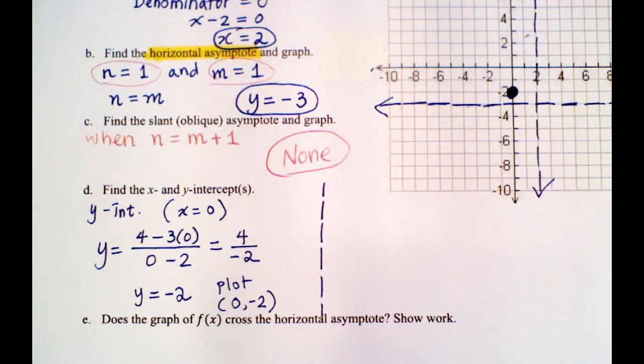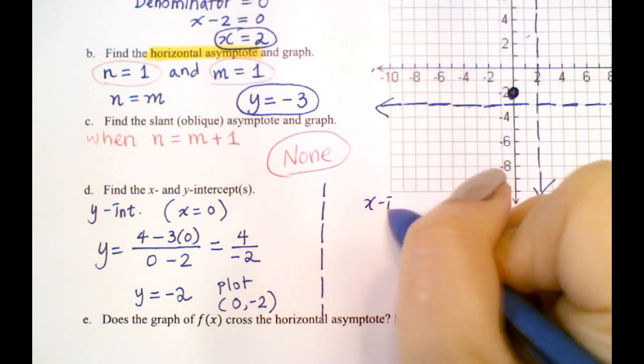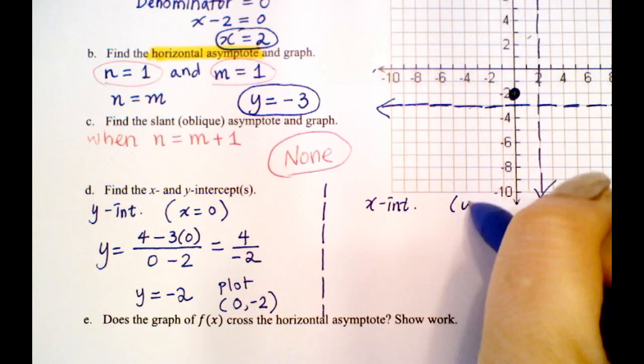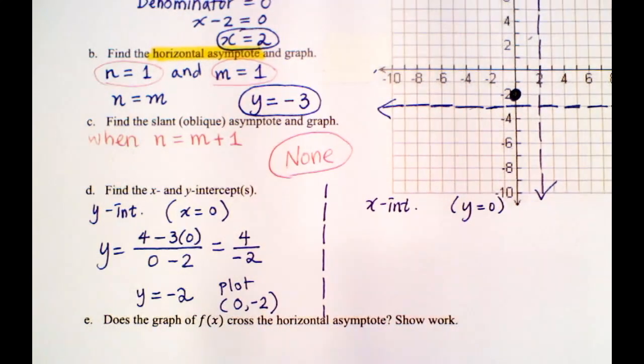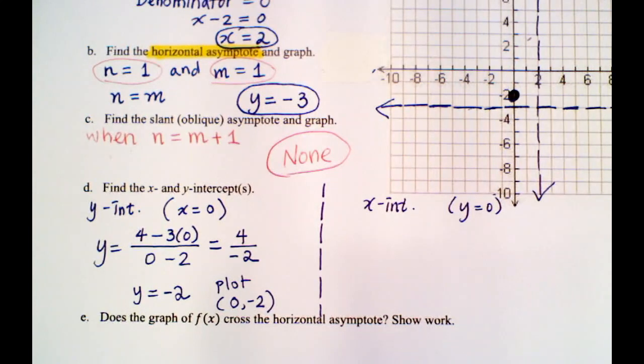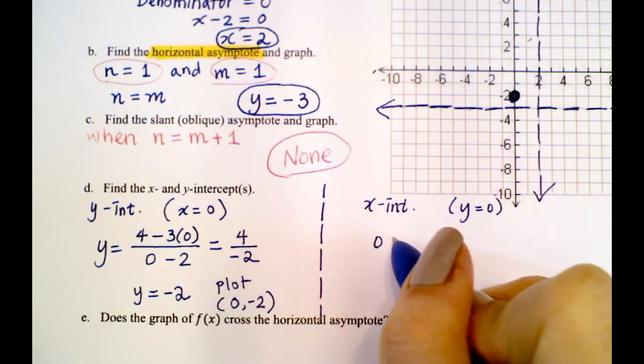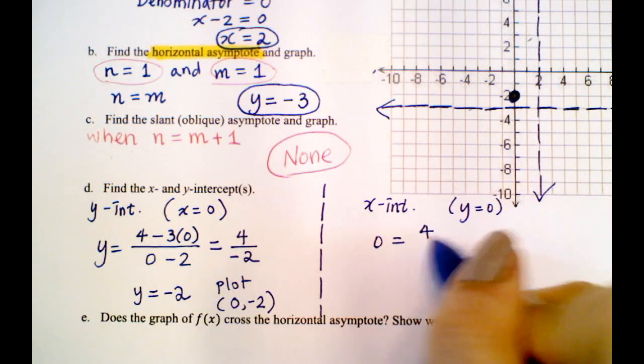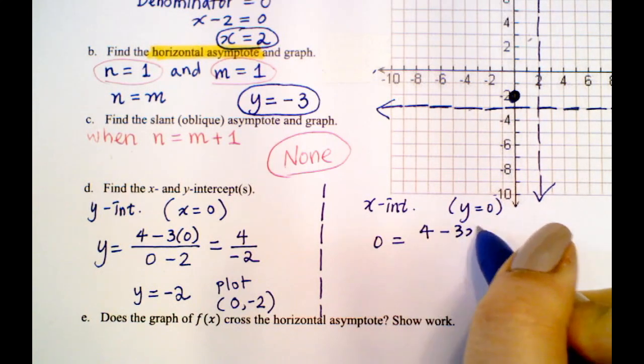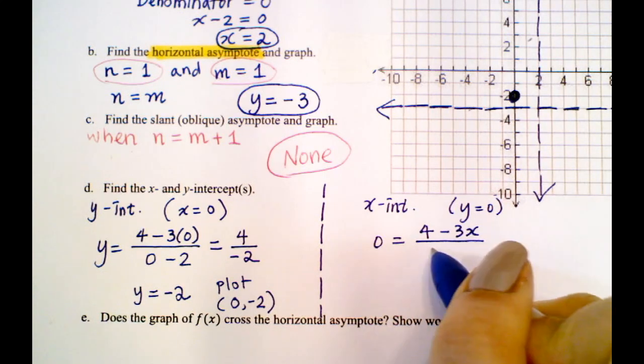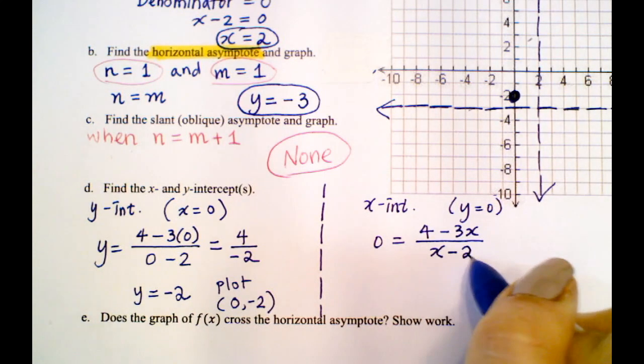Now let's find the x-intercept, okay? So watch carefully. The x-intercept is when the y value is equal to 0, right? So this time, instead of plugging 0 into x, I'm going to set the function equal to 0. So 0 equals 4 minus 3x over x minus 2.